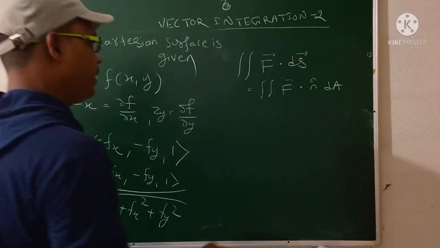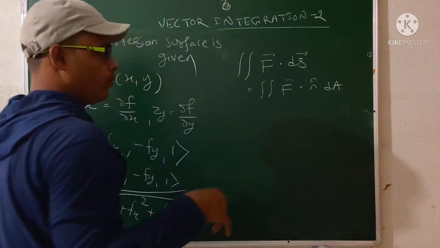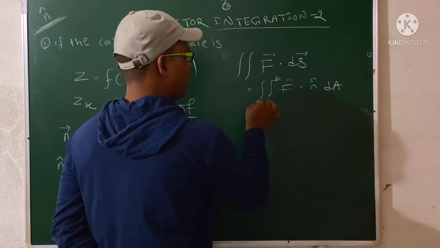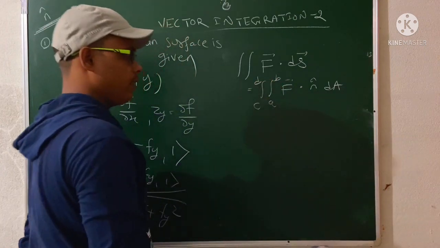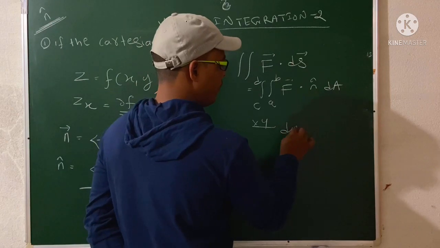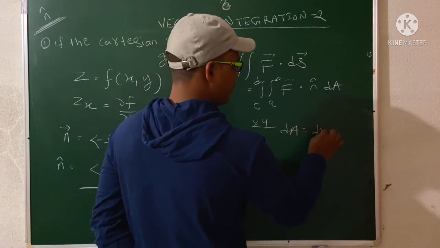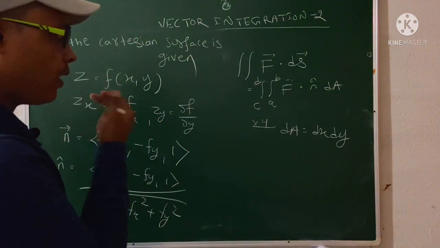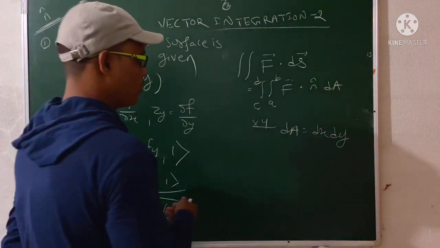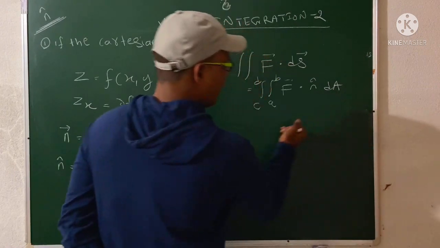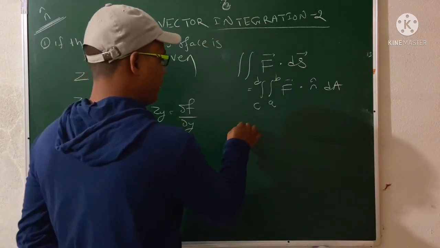And remember your dA, I have told you, if it is the surface in the xy plane, there will be some limit. If this is the surface plane, then for the xy plane, your dA is what? Your dA is dx dy. Then if it is a yz plane, then that will be different. So remember. But in this Cartesian coordinate system, what will be your dA?